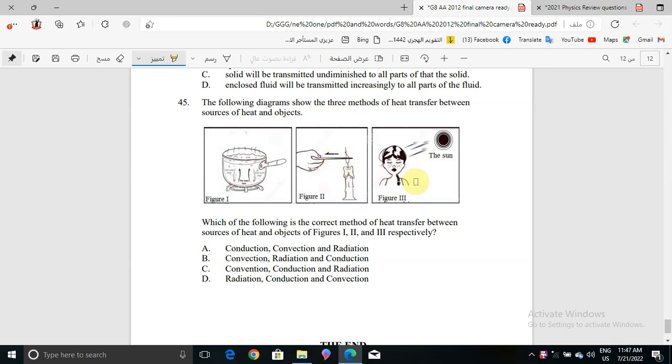And here it's radiation, because there are rays from the sun. So the correct answer for question number 45 will be convection, conduction, and then radiation, respectively for figure 1, figure 2, and figure 3. You will also find this information in the grade 8 textbook. So that was the last answer for the last question in this model.